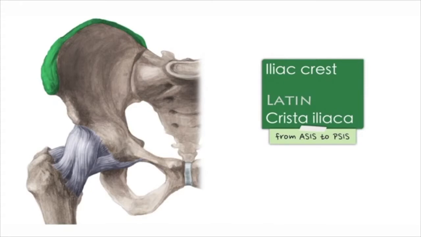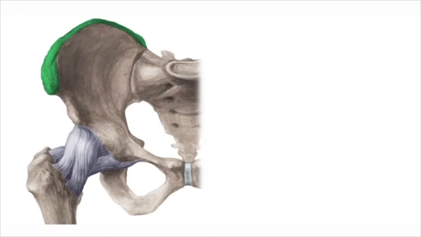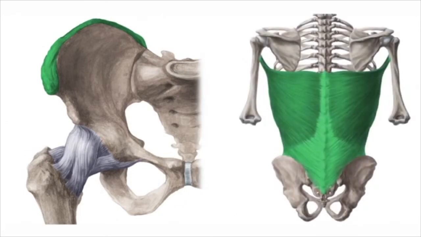Now, important thing about the iliac crest is that it serves as an origin and insertion point for certain muscles. Very important thing. So it's an attachment point for muscles, including a very important one that you know, and is a very important and large muscle of your body known as the latissimus dorsi.